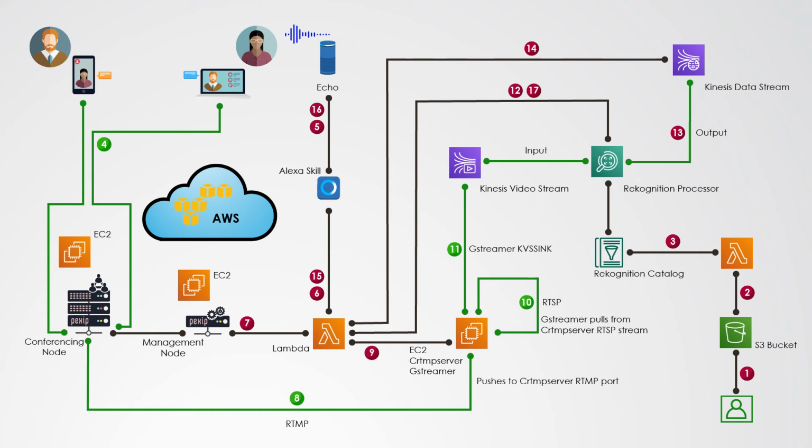As participants have been found, the Lambda function stops and deletes the recognition processor, stops the GStreamer application, and uses the APIs to instruct the Pexip Infinity server to stop streaming to the CRTMP server. And this finishes the entire process of doing face recognition in a video conference hosted on Pexip Infinity using AWS Rekognition and Kinesis video stream.